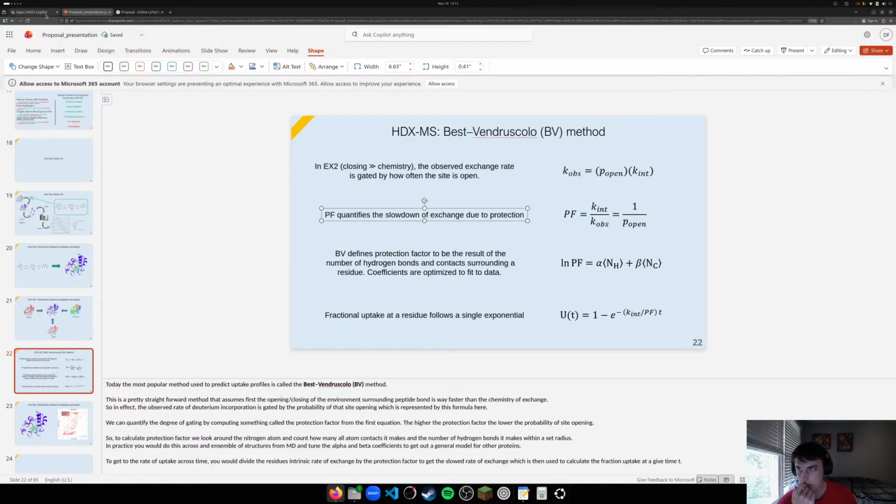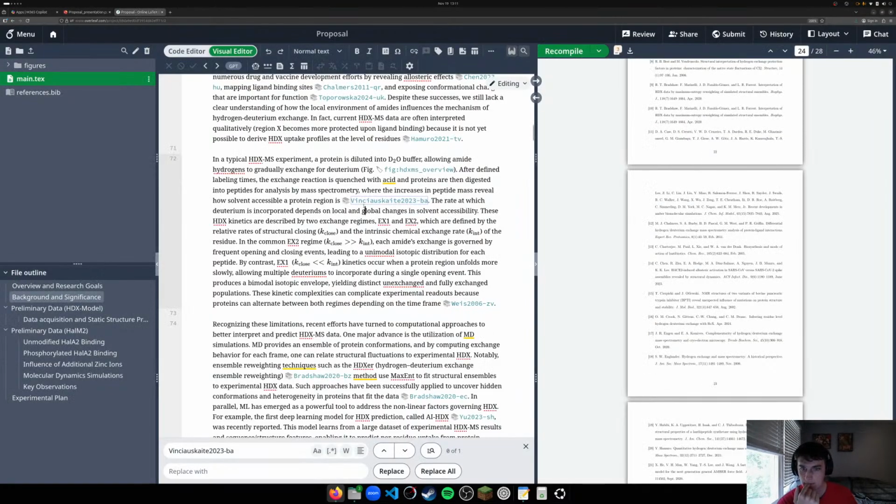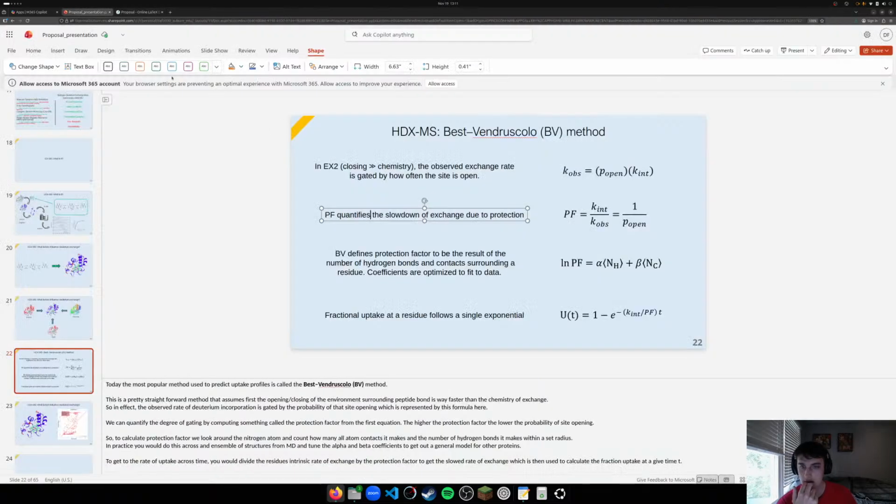The closing... each amide's exchange is governed by frequent opening events. Okay. Closing is way faster than the chemistry. So the observed rate is gated by how often the site opens. Yeah.